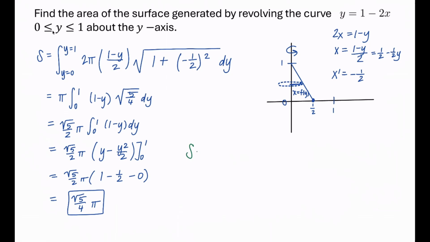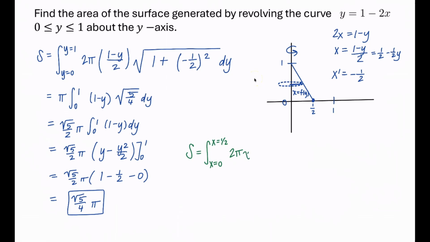So an alternative would be the integral from x equals 0 to x equals 1/2. And then we're going to have 2 pi. And again, the key is understanding that I want this distance here, that's x. That's going to be the radius.